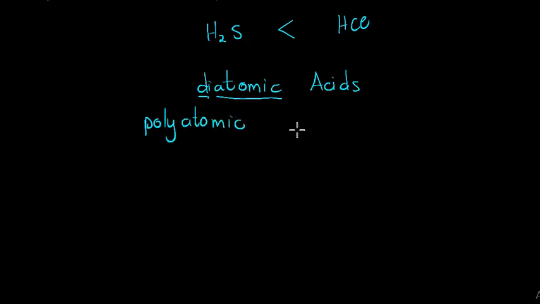Now the polyatomic acids are typically where we have hydrogen plus a polyatomic ion.